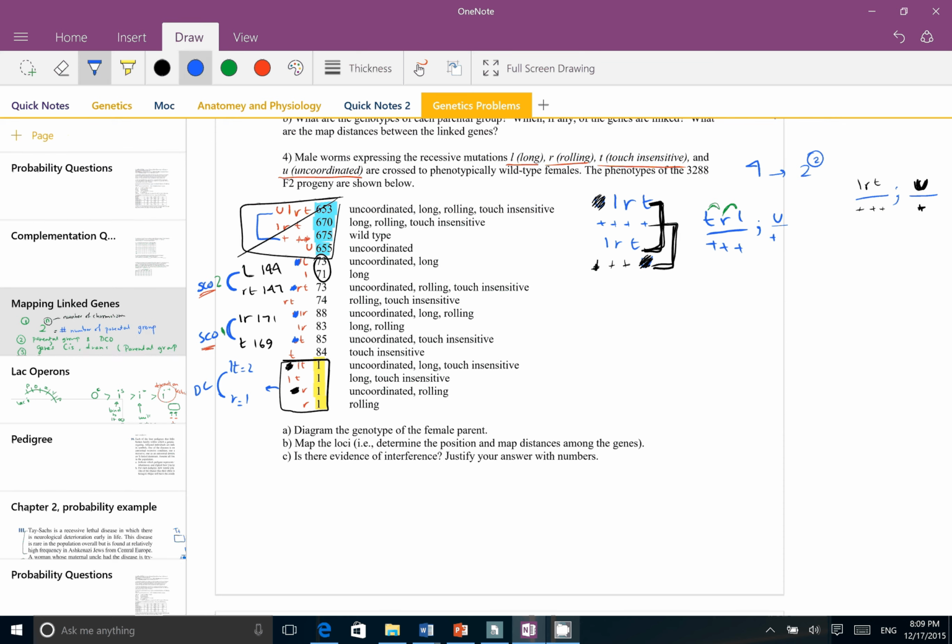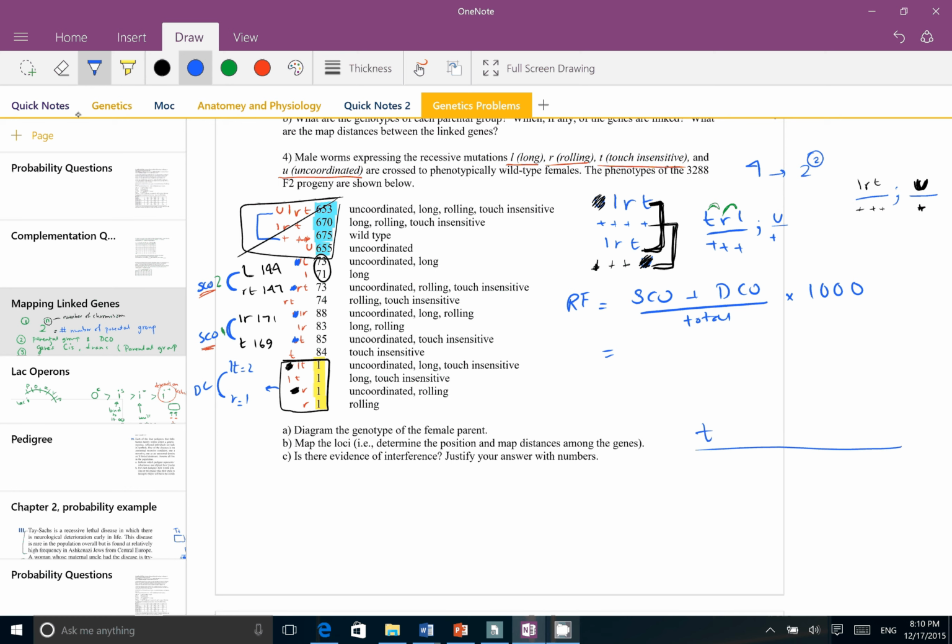So now using the equation, relative frequency, which is single crossover plus double crossover over total times 1,000. So by now you have this equation memorized. Oh, and don't forget to draw this.